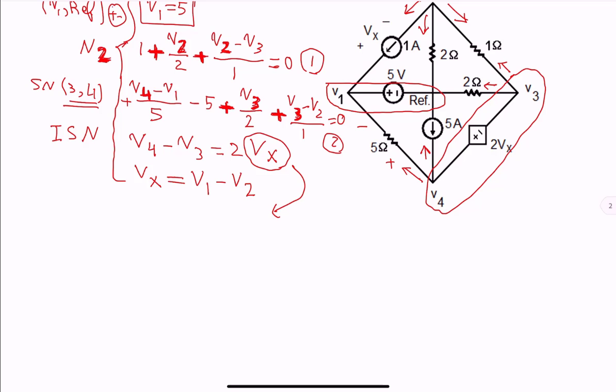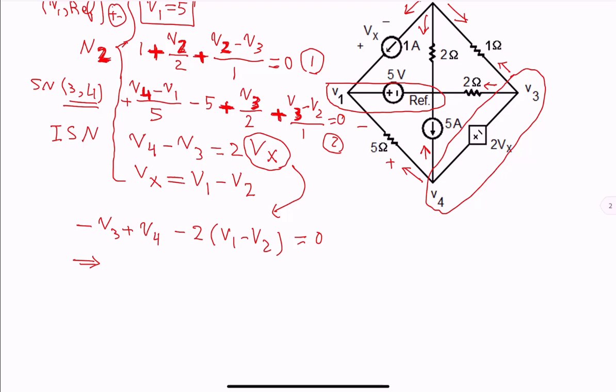Left-hand side can be written as negative V3 plus V4 minus 2Vx, being V1 minus V2, equal to 0. Simplify that.